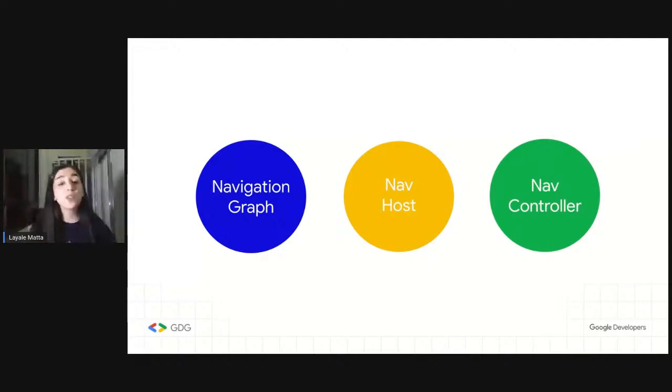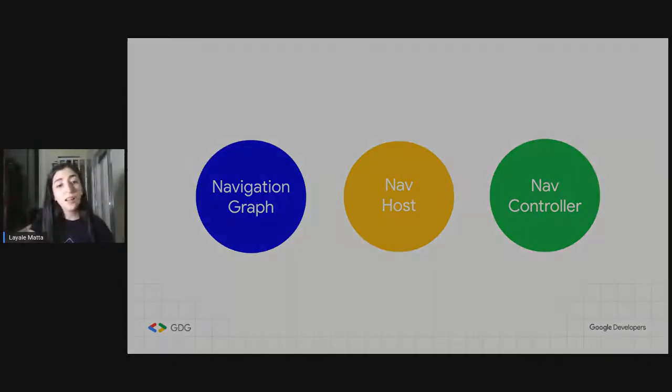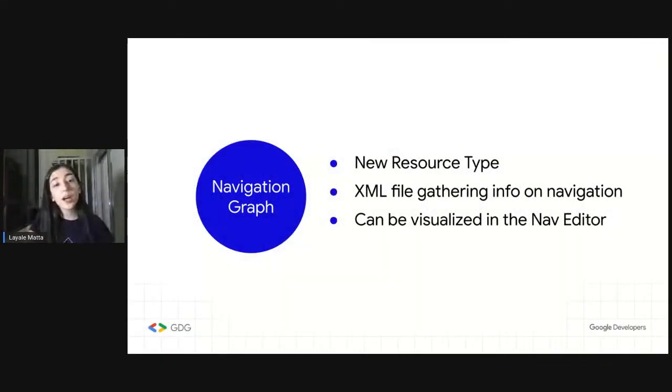So one way to look at the navigation component is to look at it as if it consists of three major parts, and they are the navigation graph, the nav host, and the nav controller. You can look at the navigation graph as the map of your application. It's actually a new resource type.